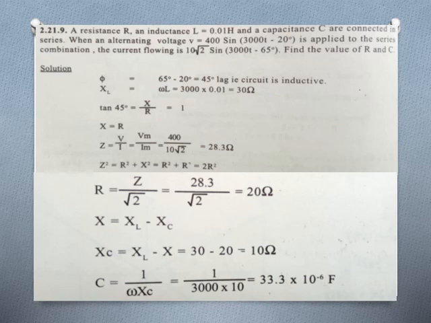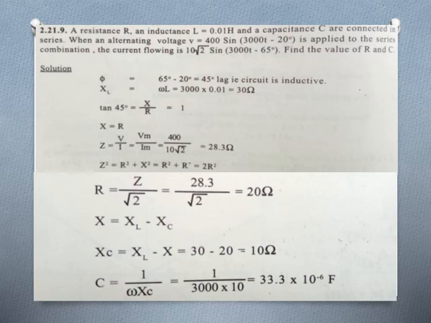Because earlier we have derived that X is equal to R. So you get it as a relation Z square is equal to 2R square. So what will be Z? Square root of 2R square. That will be root 2R. If Z is equal to root 2R, then R is equal to Z by root 2. That is 28.3 divided by root 2. So you get R as 20 ohm.